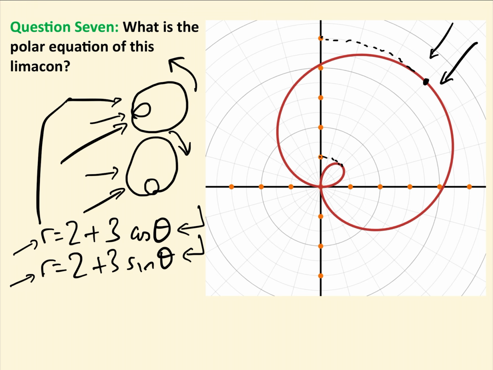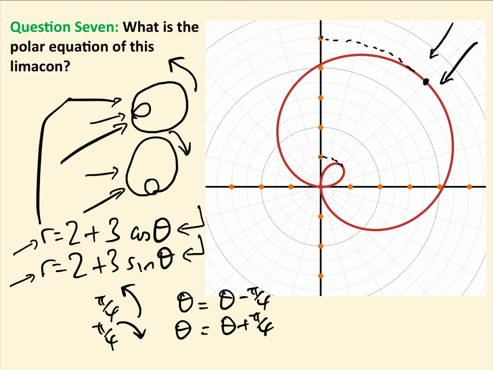So how do we rotate anti-clockwise by pi over 4? Well, if we rotate anti-clockwise by pi over 4, then all we do is we replace theta by theta minus pi over 4, and if we rotate clockwise by pi over 4, then we replace theta by theta plus pi over 4.